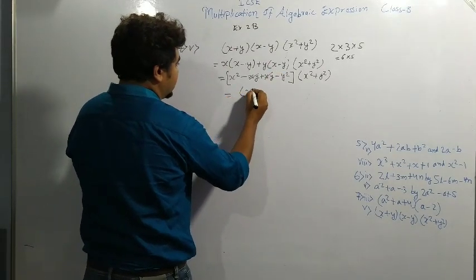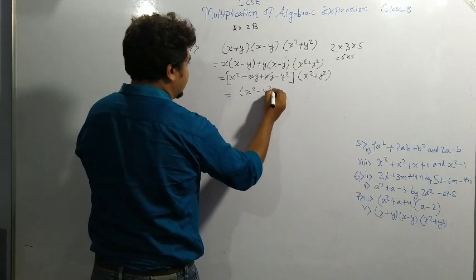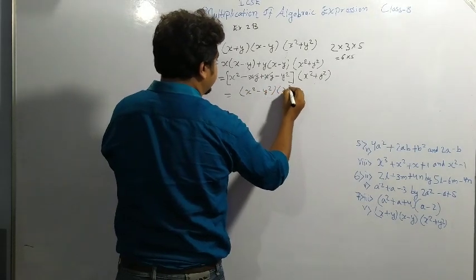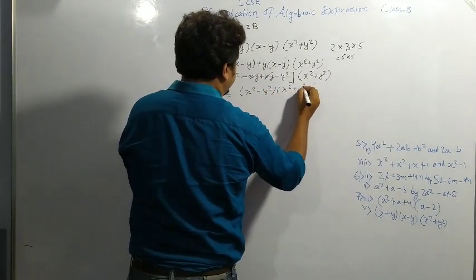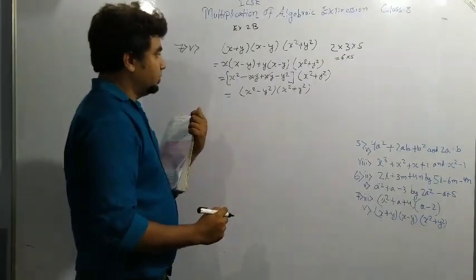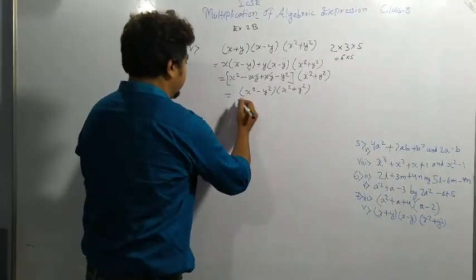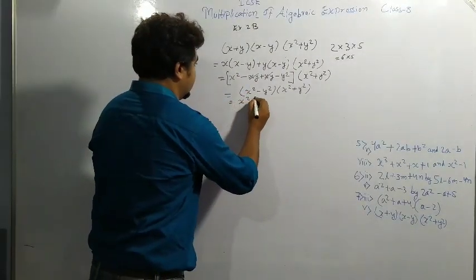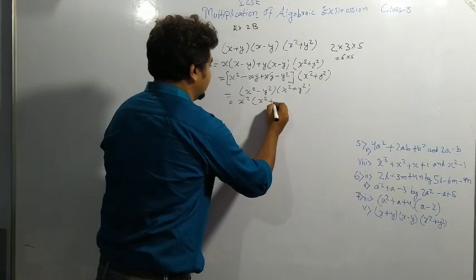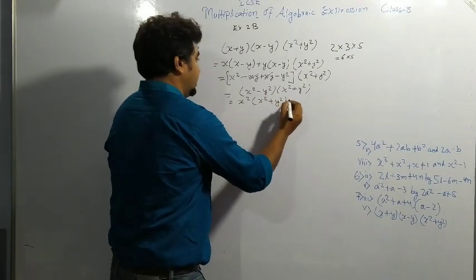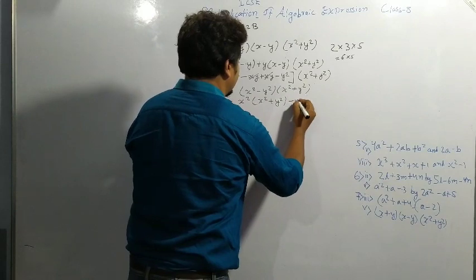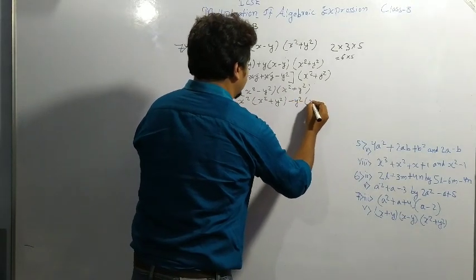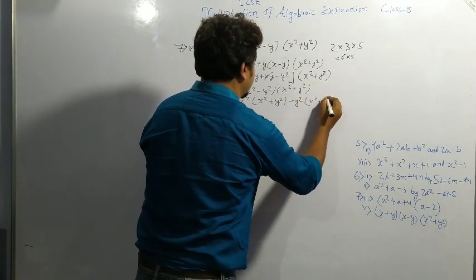So this is x square minus y square, and this is x square plus y square. Again we can multiply x square into x square plus y square, minus y square into x square plus y square.